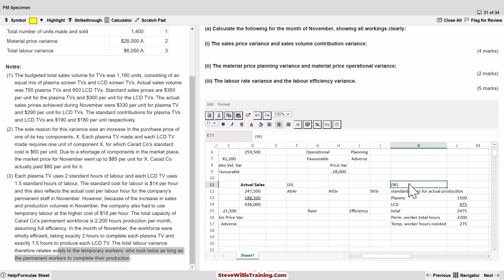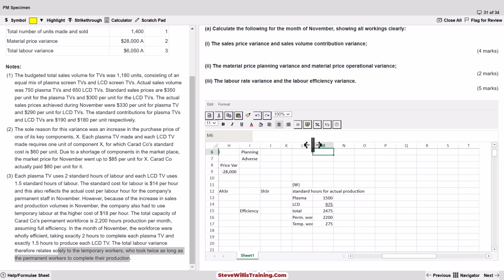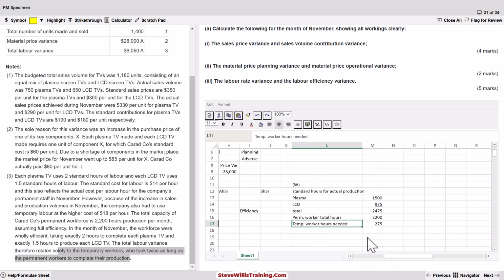So let me just park this one column further to the right. So we have a spacer just so it looks nice for our presentation.